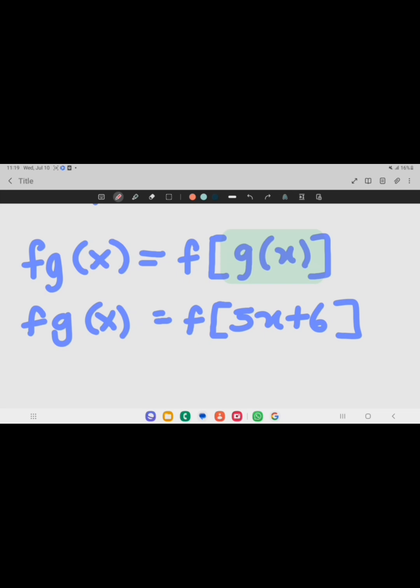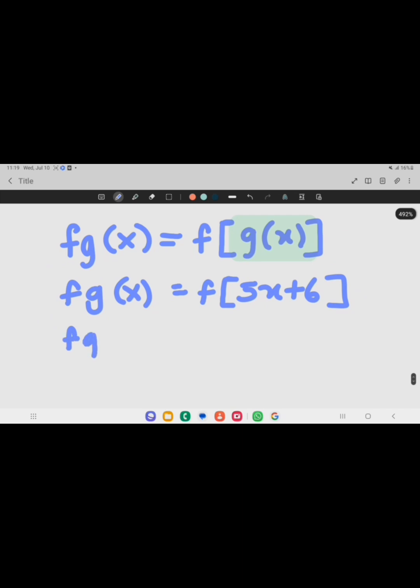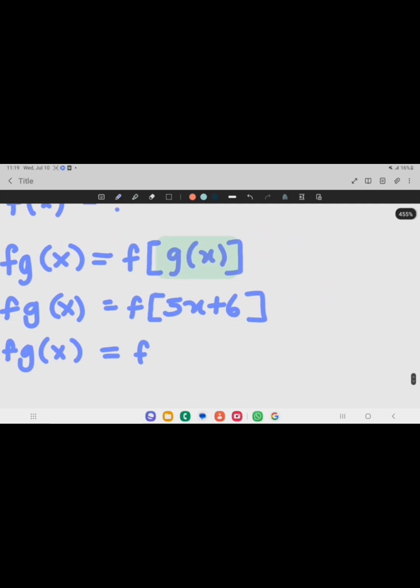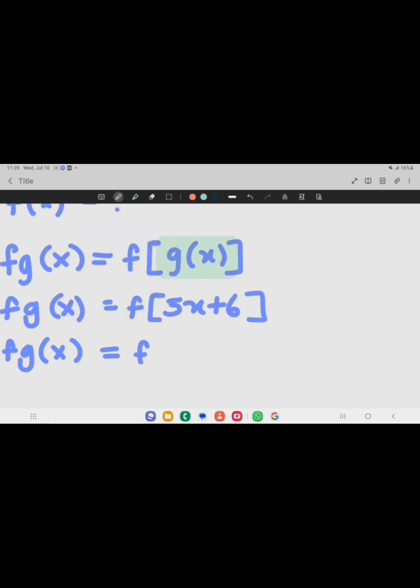How you can solve this is, you must use the inverse function method. How to do that? So f of g of x is equal to f of, right until there. This step I always suggest you do aside, even in your exam. You are going to let your 5x plus 6 be y.